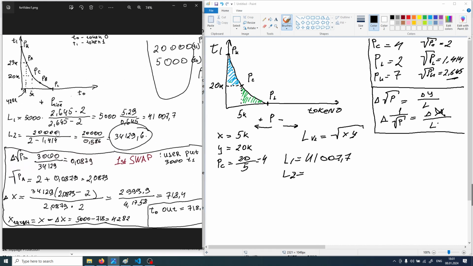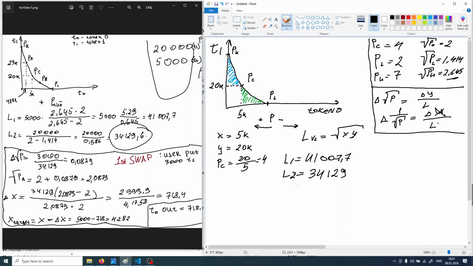And we can see that we have 20,000 y, divided by 2, it's square root of the current price minus 1.414, which is the square root of the lower price, and we have 34,129.